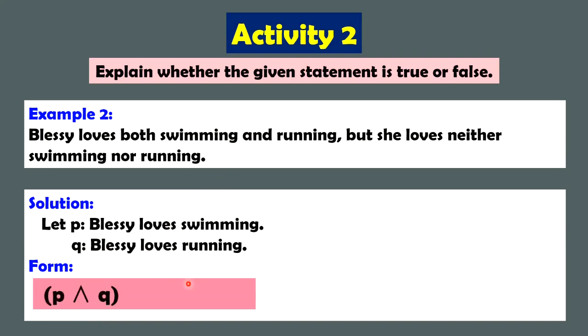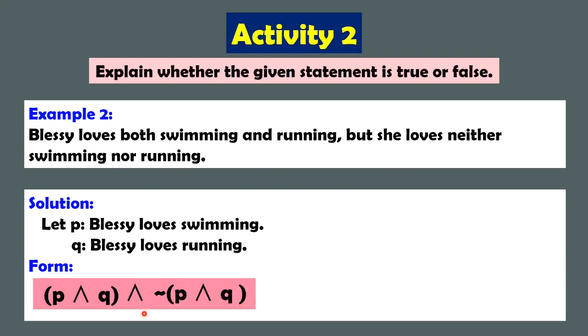And then, what did I tell you about "but"? "But" is "and." So we have an inverted V again here. And how do you write this into symbols? "She, or Blessy, loves neither swimming nor running." What is that? It goes like this, into symbols.